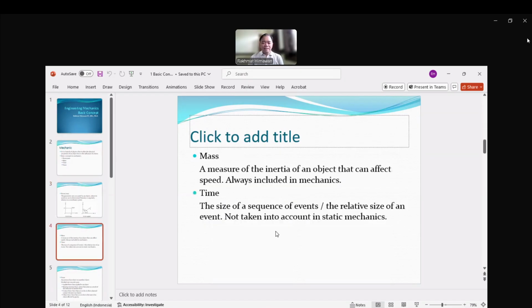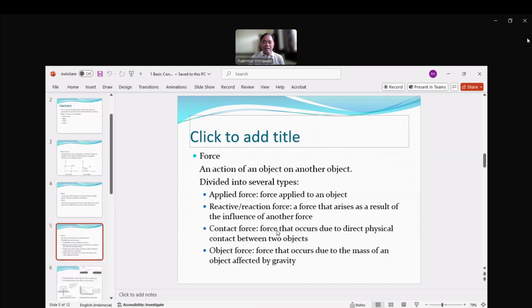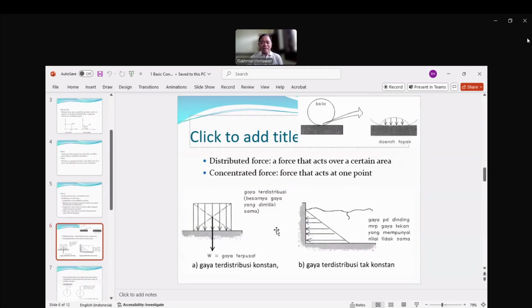Okay, and we learn about the very basic concepts of physics, which are mass, time, and force. What is force? It is applied to an object. It could be distributed and constant like A, or B distributed but not constant, just like in the picture.